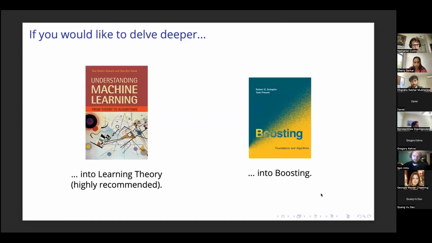With that, if one wants to delve deeper into learning theory, I would suggest reading the book Understanding Machine Learning: From Theory to Algorithms, which has various levels of difficulty. Maybe you could start with the first chapters, and there are also books specifically on boosting. Yeah, that's all I had to say.